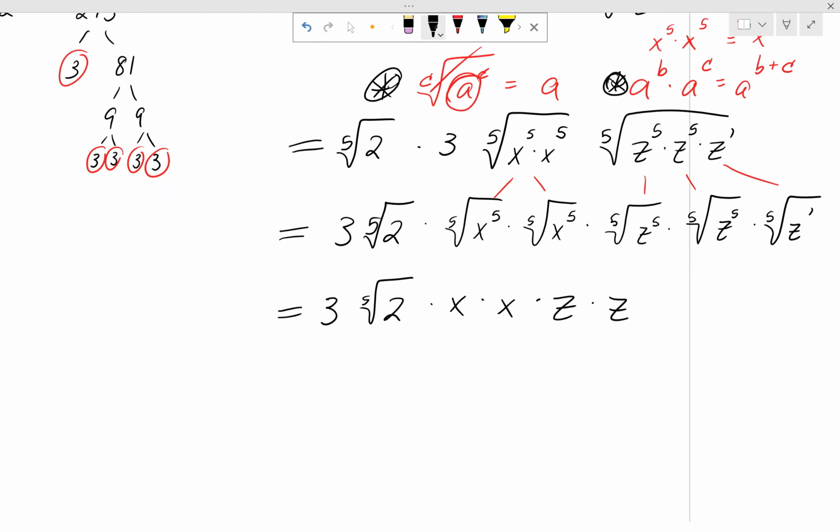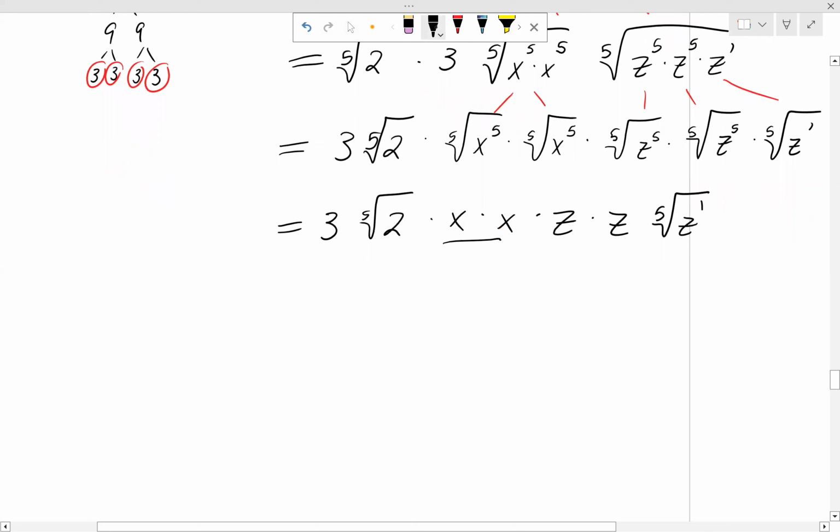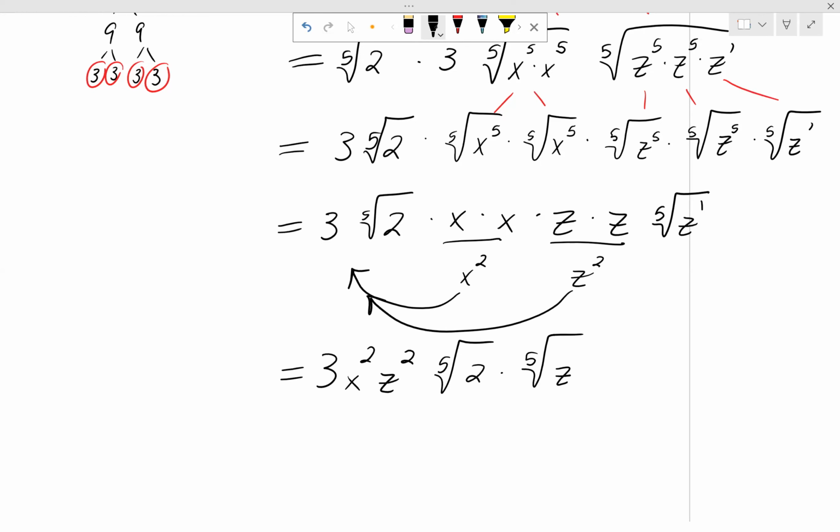The fifth root of z to the 1, I don't have 5 z's to cancel with that fifth root, I just have 1 z, so I still have to copy it down here, like I did with the 2. I'm going to group like terms. This x times x gives me x squared, and this z times z gives me z squared, and I can move those to the front with the 3. So I get 3x squared z squared, times the fifth root of 2 times the fifth root of z.